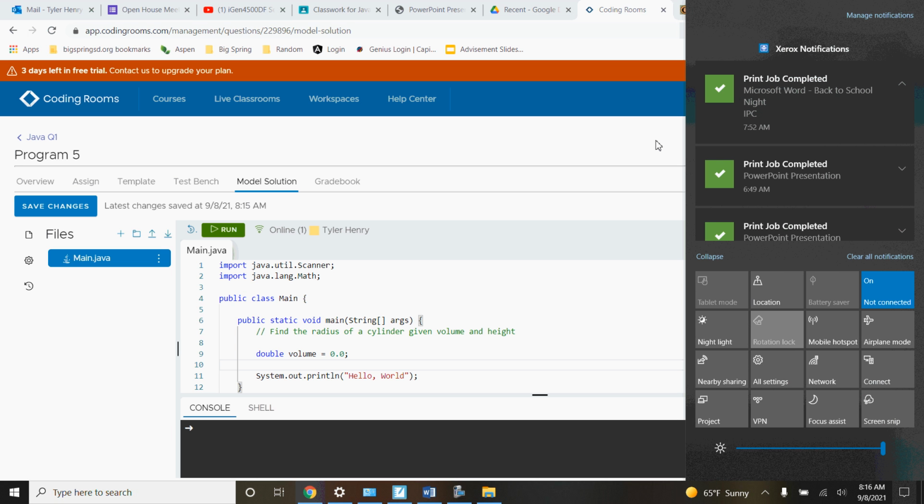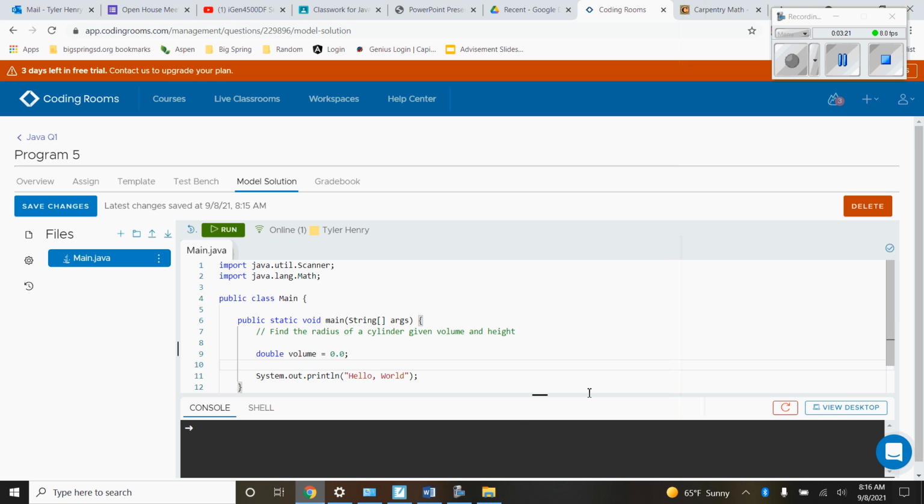Let me turn it back on. Okay, not connected, of course. So this is a fun way to make a video, isn't it? Okay, let me get this mouse working for you. Okay, now we're back in the game.